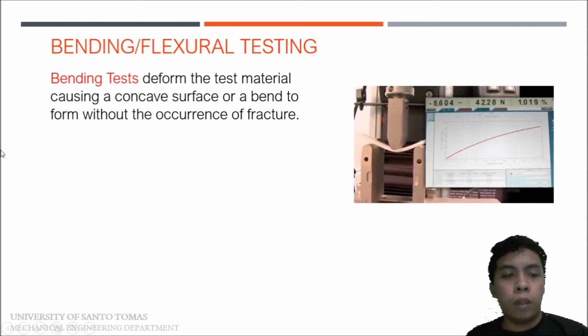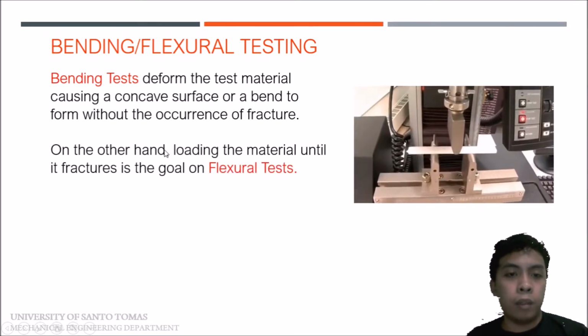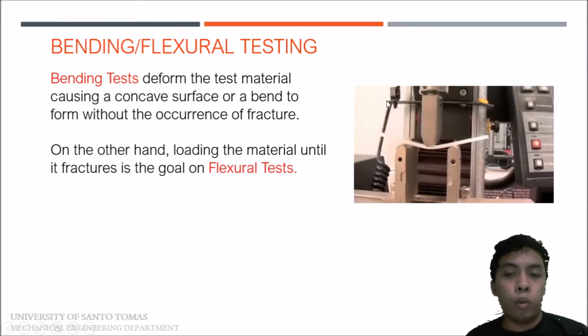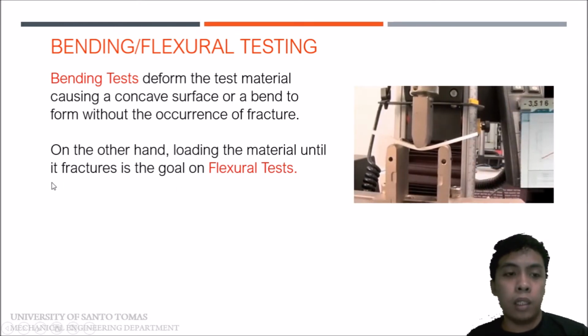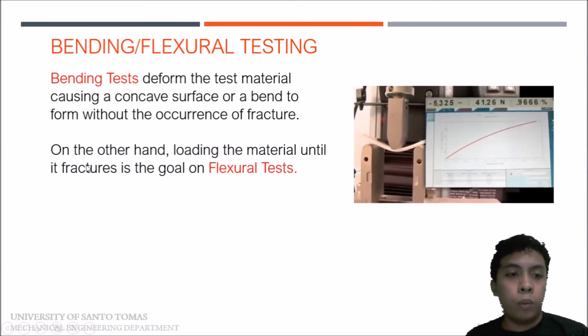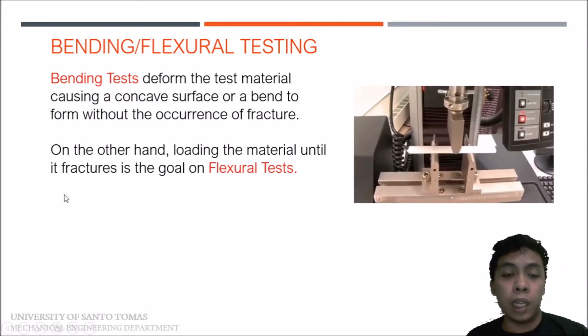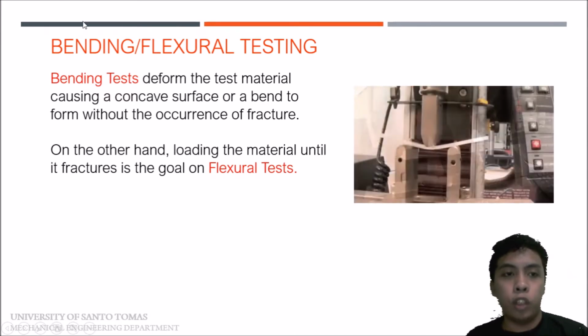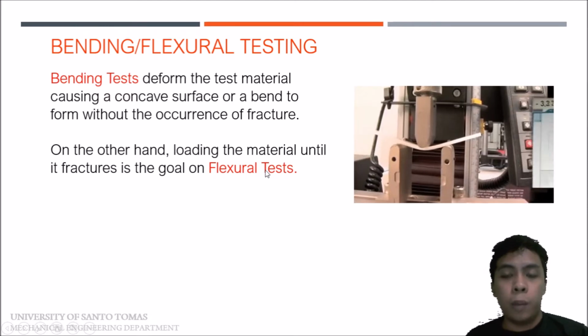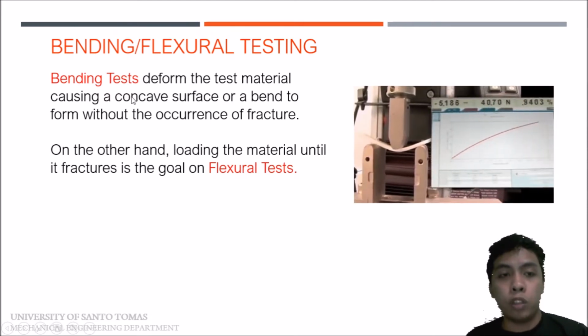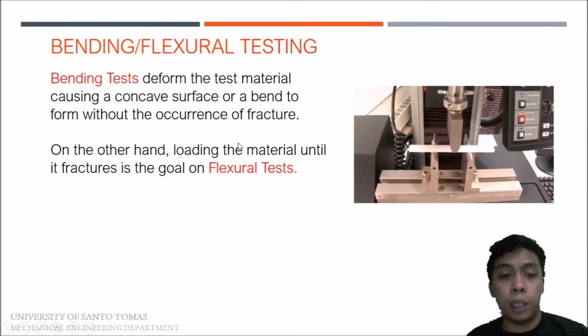On the other hand, pag sinabi naman nating flexural test, nagbibigay tayo ng force until the material will have a fracture or masira na yung material natin. So yun yung difference between the two. Pero basically, the operation ng them is the same lang din.